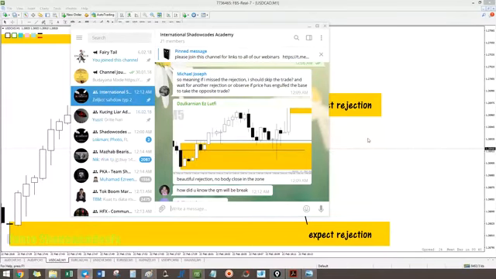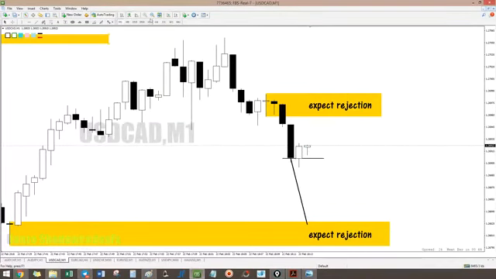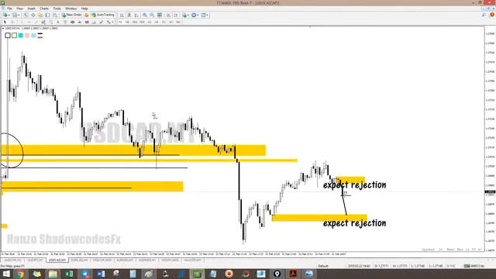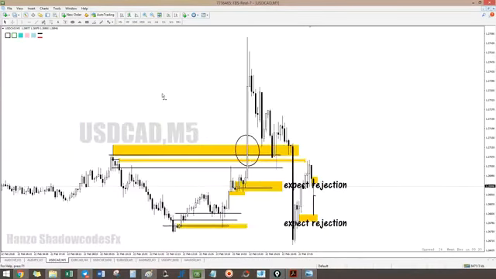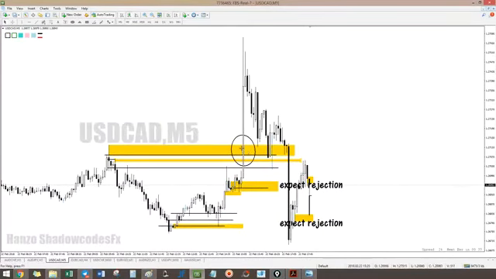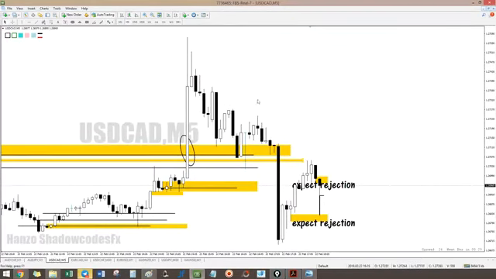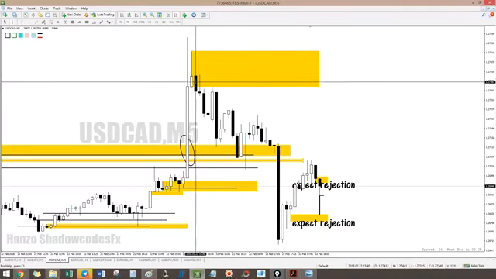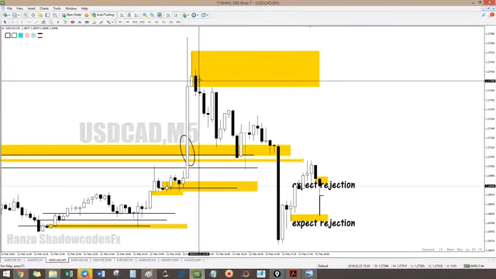For the opposite trade, for example, it's already broken like this, on UCAT M5. It's already broken like this. For this kind of situation, this one is already too far. And then it does something like this. This is what we call a base break, clean break, rejection.